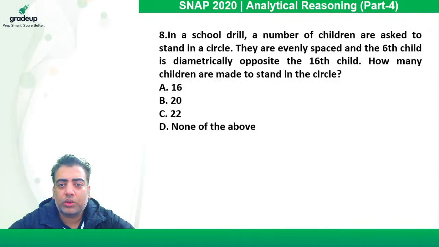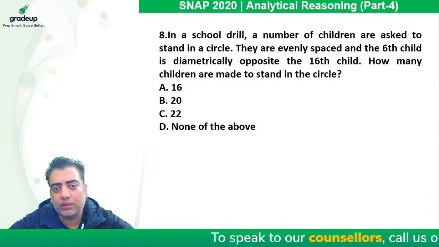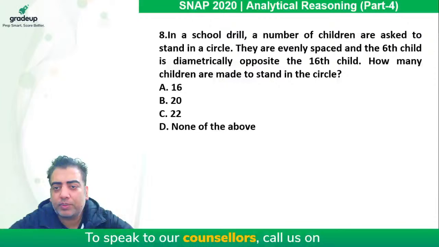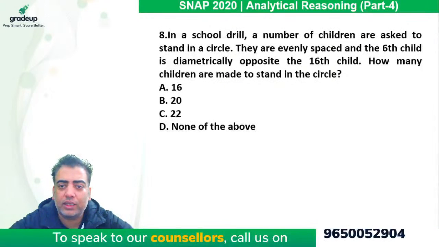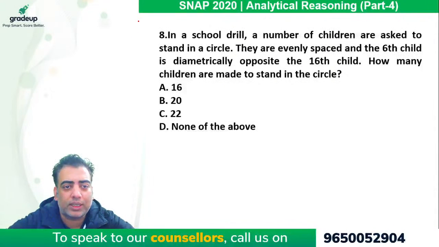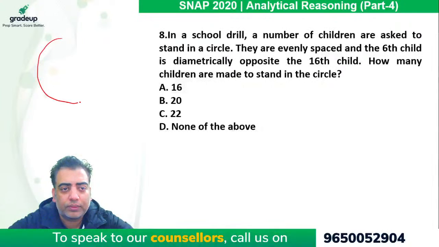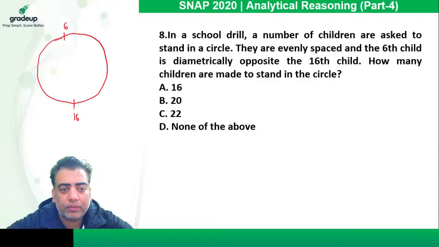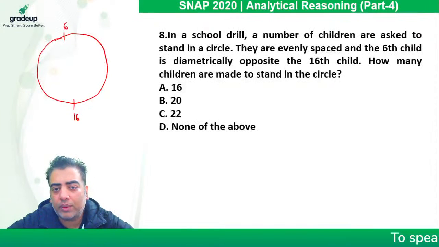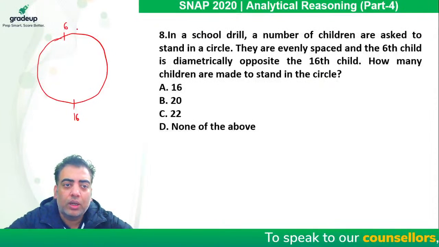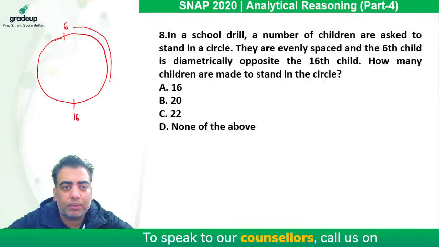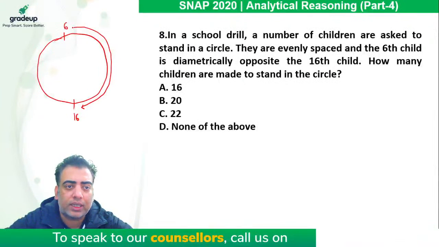Okay, so in a school drill, a number of children are asked to stand in a circle. They are evenly spaced and the sixth child is diametrically opposite to the 16th child. How many children are made to stand in the circle? So we just need to count the number of persons between 6 and 16.